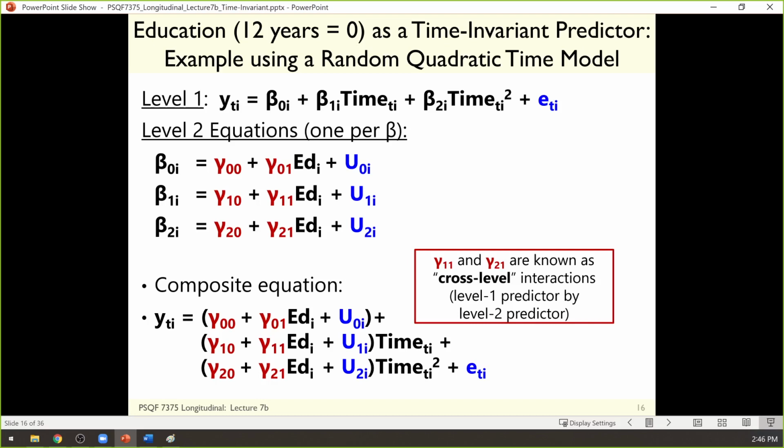Gamma 00, 10, and 20 describe the expected growth for a high school graduate. Then each of these fixed effects of education modifies a specific aspect of the trajectory. 01 modifies the intercept, 11 modifies the linear slope, and 21 modifies the quadratic slope.